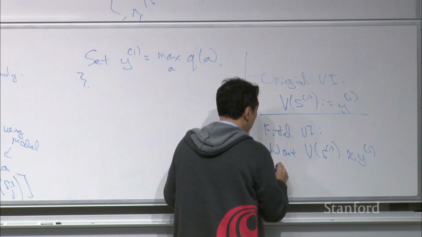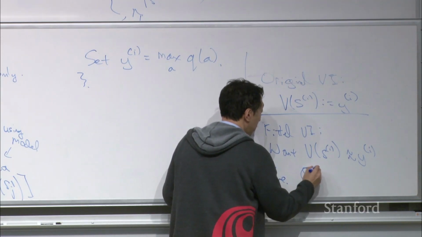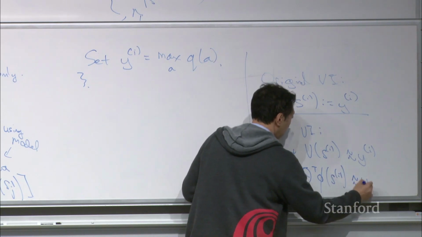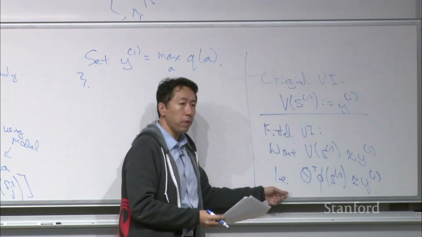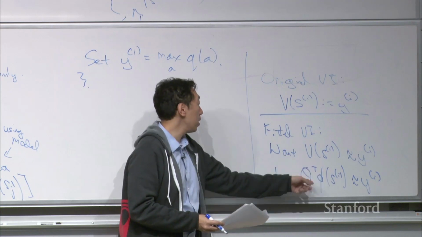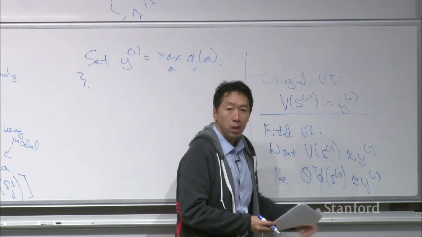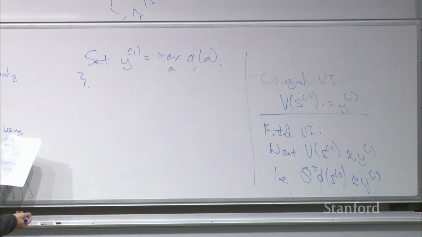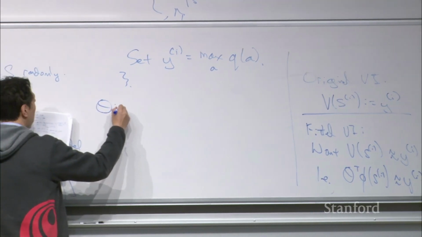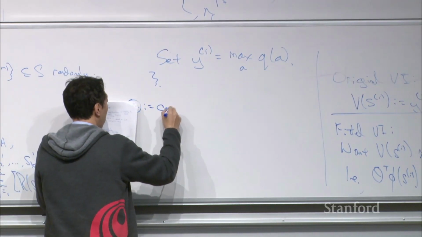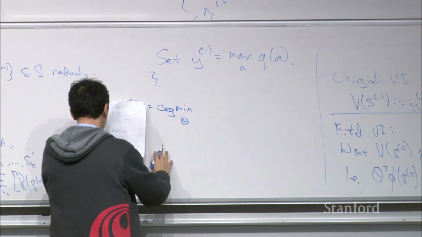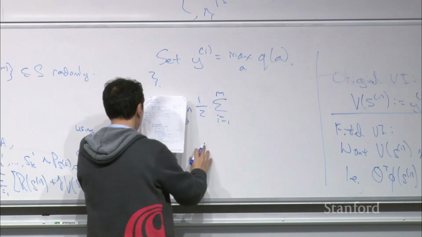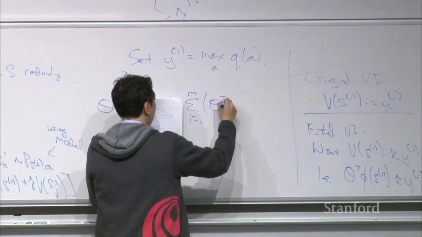V of si is now represented as a linear function of the features of the states. So V of si is theta transpose phi of si, and you want that to be close to yi. And so the final step is to run linear regression to choose the parameters theta that minimize the squared error.